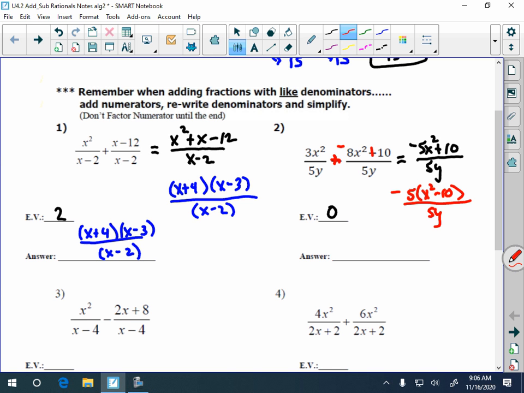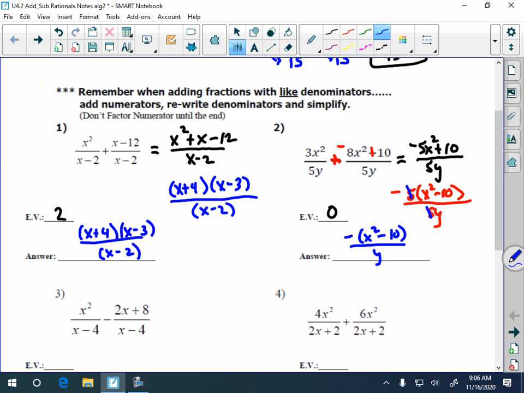Now the negative 5 in front is a monomial term, and in the denominator, 5y is a monomial term also. So I can simplify. I can divide by 5, so they cancel out, just become 1. So that's about it. I have negative x squared minus 10 over y.